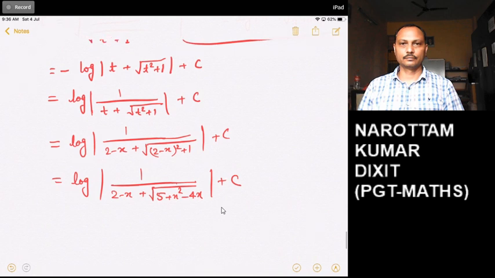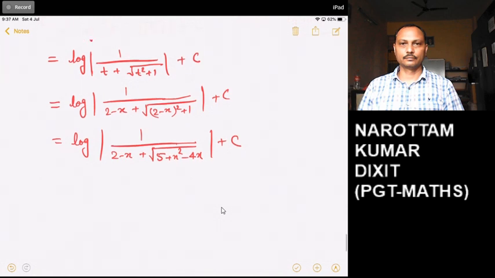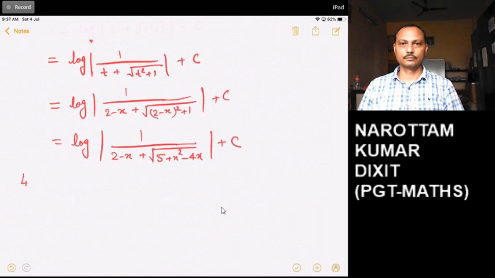Now I am taking another question, that is question number 4 in the exercise 7.4. It is the integration of 1 upon under root 9 minus 25 x square dx.